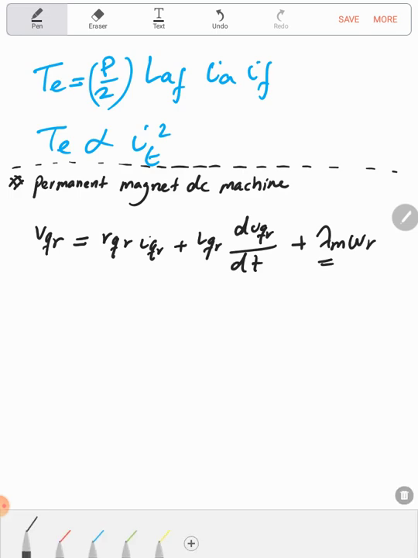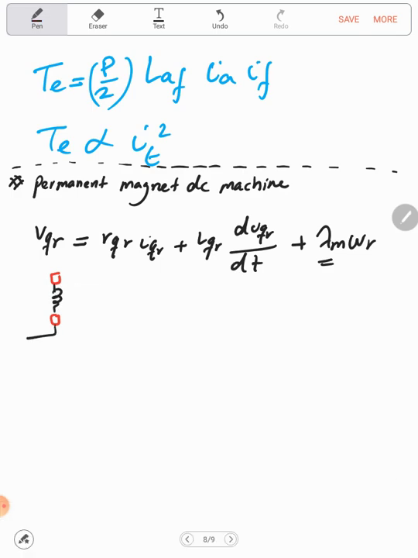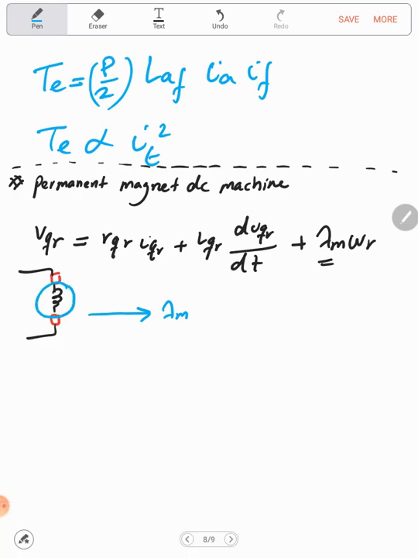So if I plot the configuration, it will be something like this. Lambda_m here, and we only have one coil and one current.